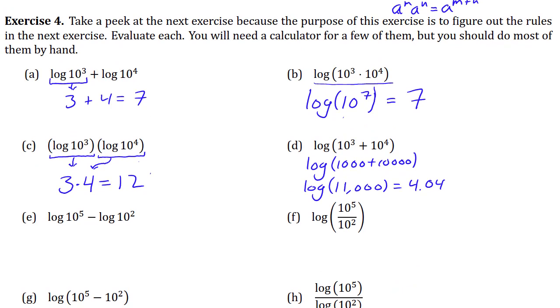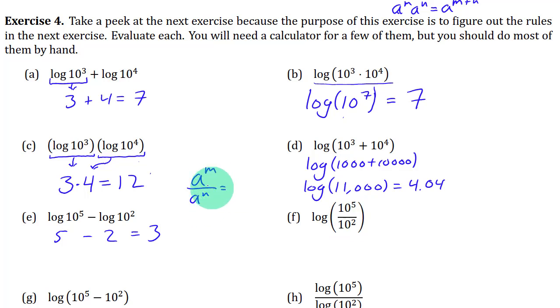And anyways, let's go to E. Log of 10 to the power 5 using the inverse property, that's just 5. Minus log of 10 squared, that's just 2. So 5 minus 2 is 3. How about this one? Can you combine these exponents? What is it if you have a to the m divided by a to the n in a situation like this?